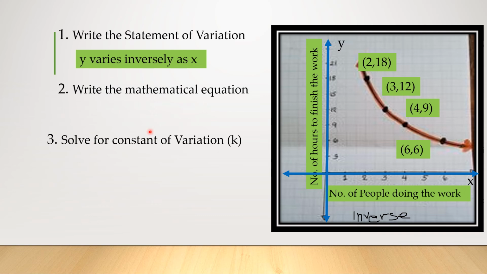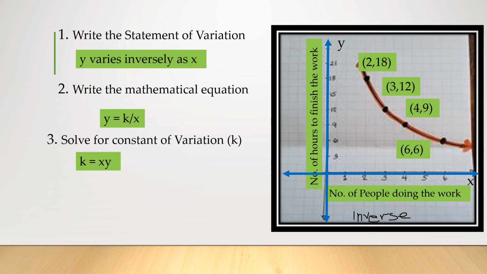So write the mathematical equation: y is equal to k over x. And solve for the constant of variation. Simply choose any ordered pair here as your x and y, so you can choose this or here or 4 and 9, and substitute the values to solve for k.